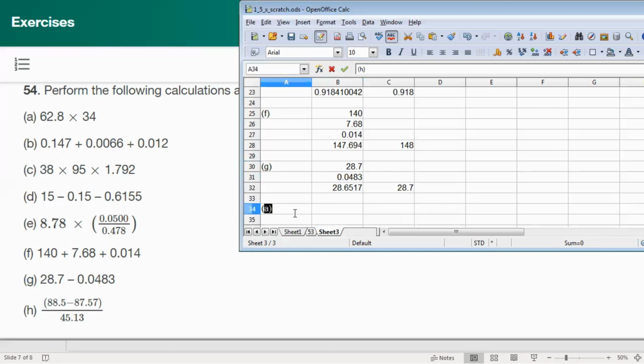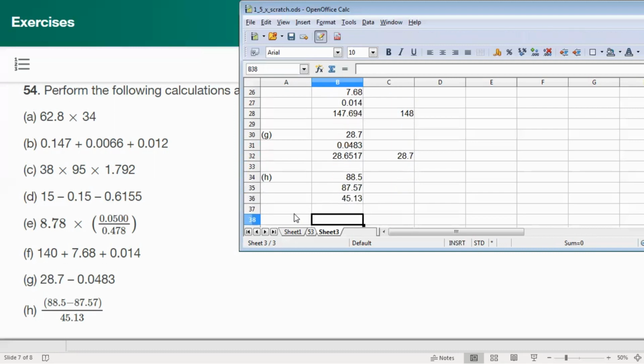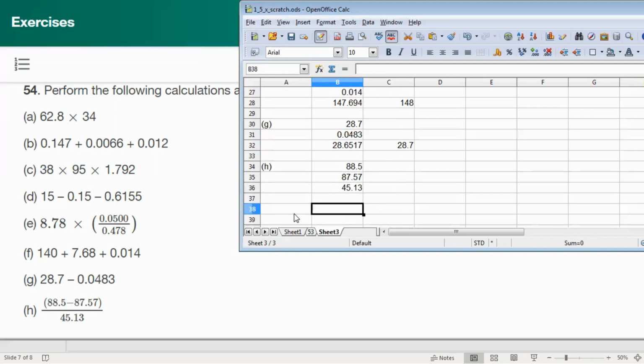Okay, so H, we have 88.5 minus 87.57 divided by 45.13. Yikes. Okay, this is going to be composite.